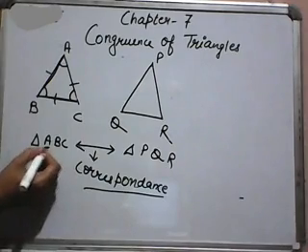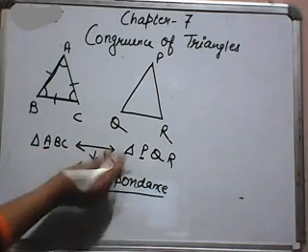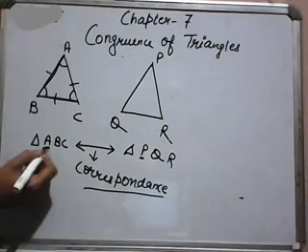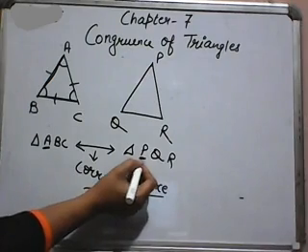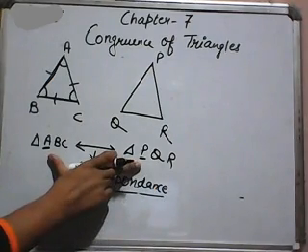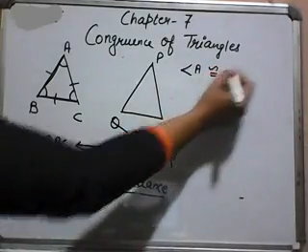Angle A is equal to angle P. If we write correspondence, it means what is the position of A? The same position in the other triangle is P. These two are in the same position. So angle A is congruent to angle P.